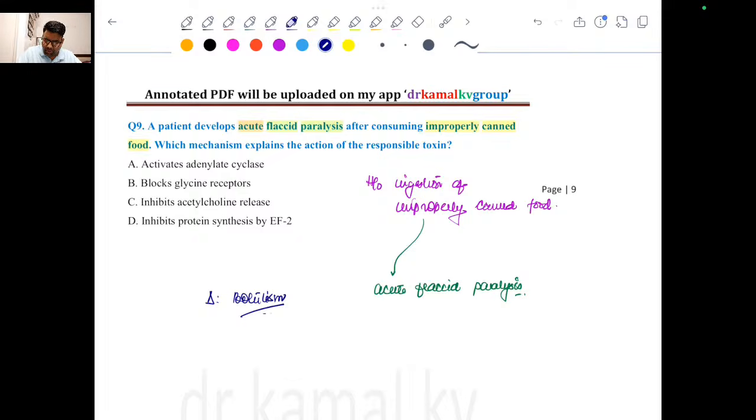Now the question is about the mechanism of action of the toxin. So how the botulinum toxin is acting. Yes, very good Gaurav, absolutely right.